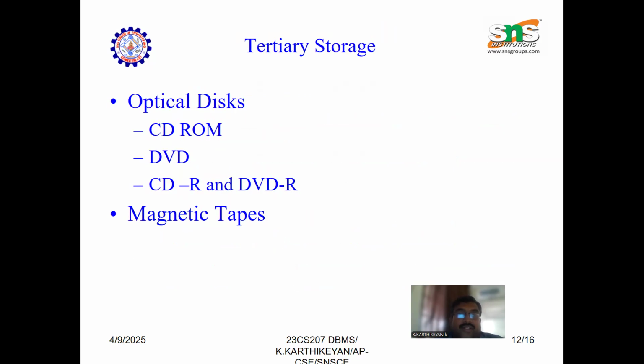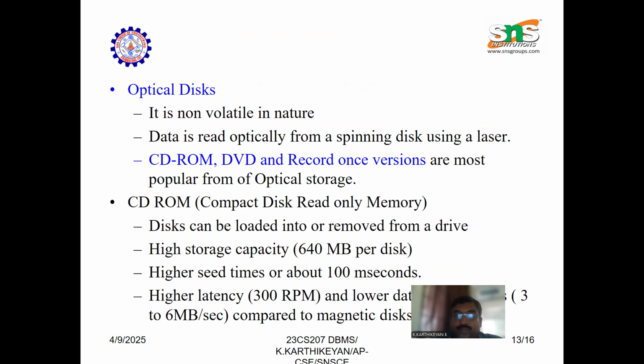Tertiary storage includes optical disk, CD-ROM and DVD, CD-write, DVD-write, and magnetic tapes. Optical disk is non-volatile storage, and data is read optically from a spinning disk using a laser.